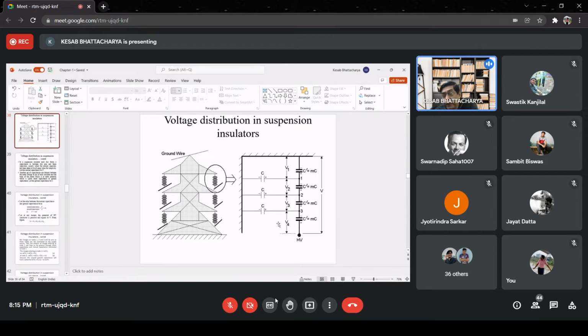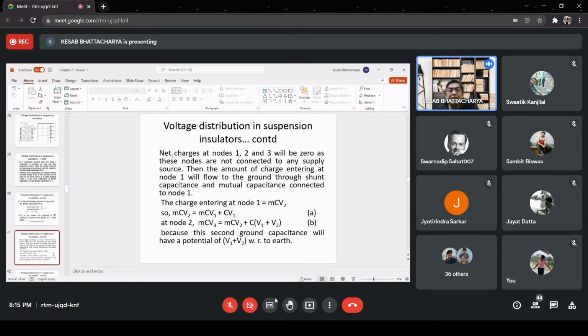Will there be any accumulation of charges since they are not connected to any source? The amount of charge that enters node 1 must go out through these two parallel paths. Yes, sir. According to KCL. According to KCL. So there will not be any accumulation of charges. That point has been mentioned over here. Net charges at nodes 1, 2, and 3 will be 0, as these nodes are not connected to any supply source.